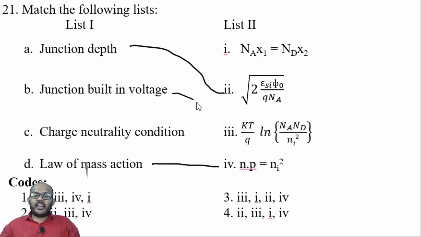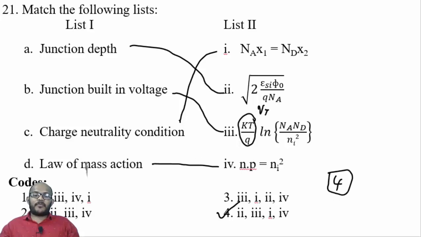Junction built-in voltage is given by kT/q into ln of NA ND divided by ni square, where kT/q is the thermal voltage, which I can write as Vt, NA and ND are concentrations, and intrinsic carrier concentration is represented by ni. Charge neutrality condition is Na times x1 equals Nd times x2, where x1 and x2 are the junction depths along the N side and P side. So based on this, I will get option 4 as correct.